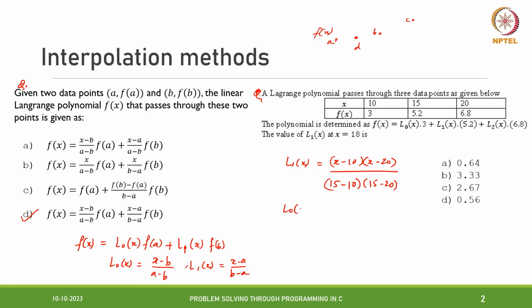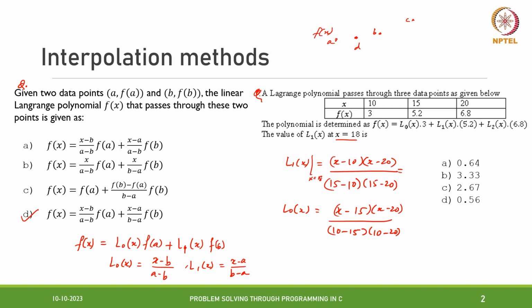Similarly, if I had to write L0 of x, it would have been x minus 15 and x minus 20, divided by 10 minus 15, 10 minus 20. Now the question asks the value of L1 of x at x equals 18, so we need to put x equals 18.